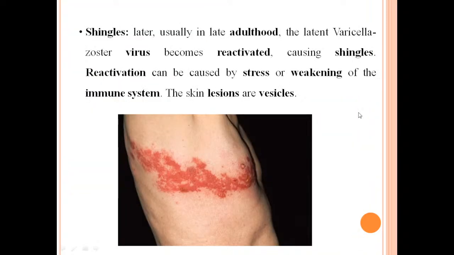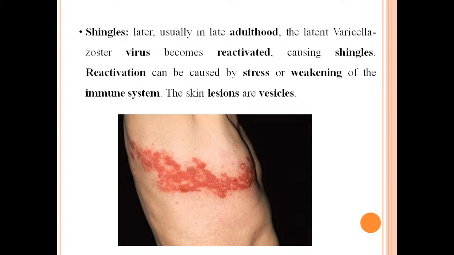What about reactivation? We have said about reactivation in herpes simplex virus 1, that it also remains latent in the trigeminal ganglion, and we have said that varicella zoster virus is also latent, and in adulthood it causes such a disease as shingles.